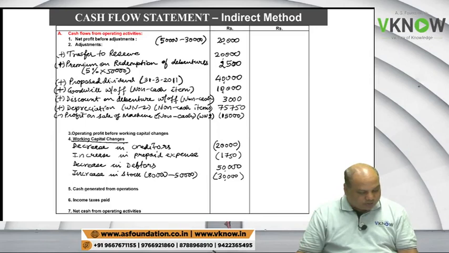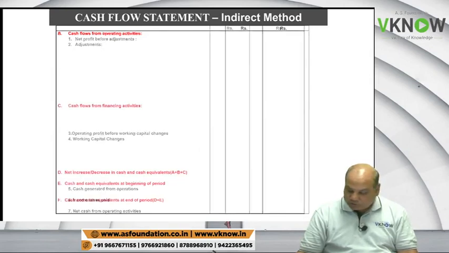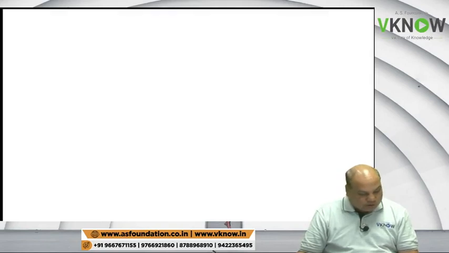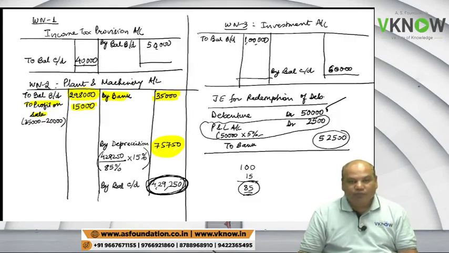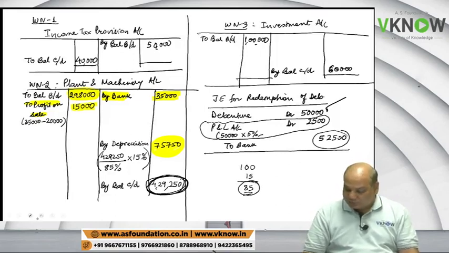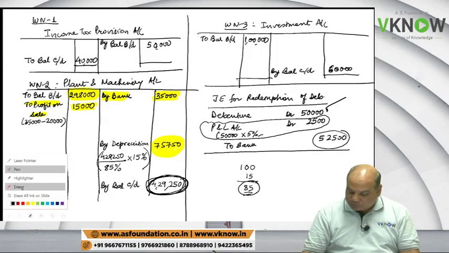Sorry, before that, a machine costing 10,000, WDV 3,000 has been discarded. Discarded means it was written off without sale.